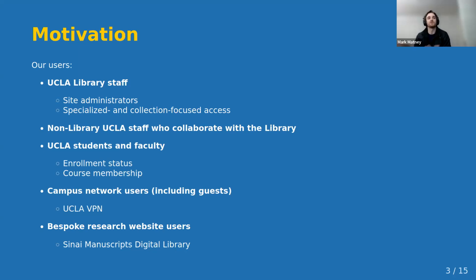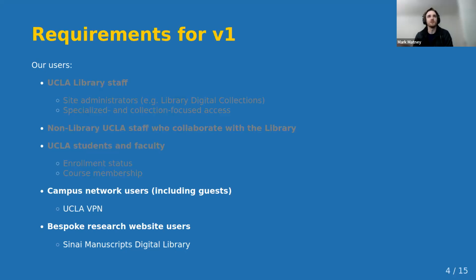And then we also have users of bespoke research websites like the Sinai Manuscripts Digital Library that have their own bespoke authentication system. And so we focus on two of these user groups for our initial version 1 implementation of IIIF auth. These are kind of the simplest or most well-defined methods of determining user group membership. So we're not dealing with single sign-on or multi-factor authentication schemes directly.